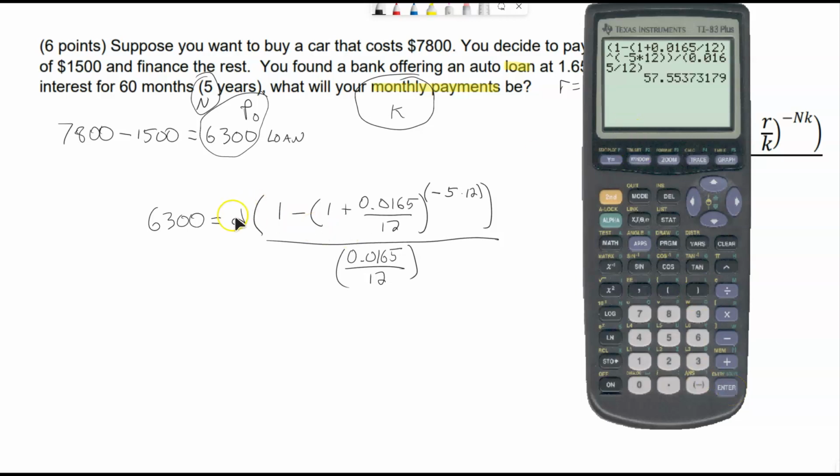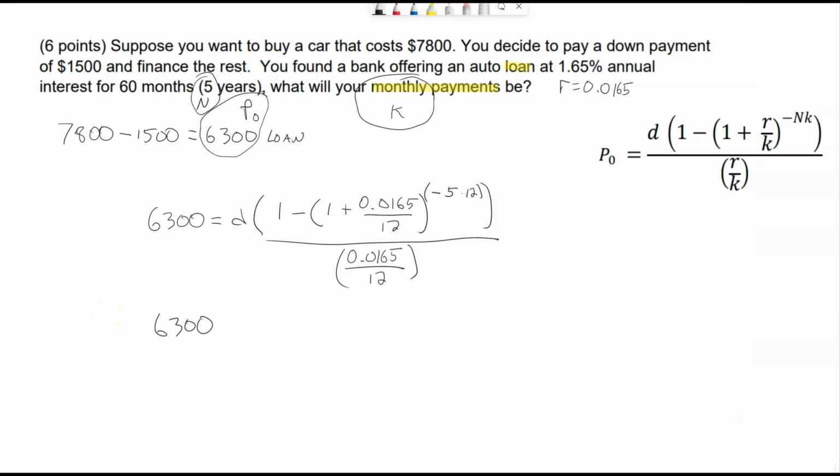So we have essentially 6,300 equals D times 57.55-ish. So I can write that down. 57.55... It goes on forever. Did I get the 57 right? Yep. So to solve for D, I need to divide by this number.